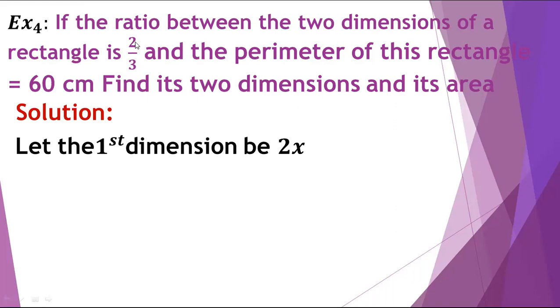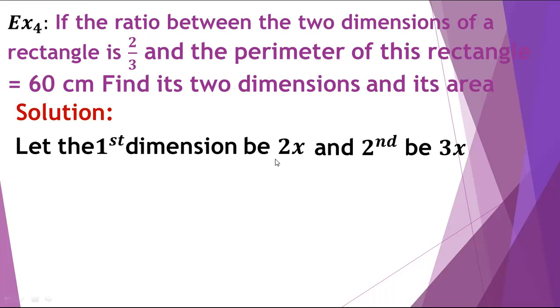That means the first dimension, 2x, we multiply the first term of the ratio by a variable x. And the second dimension, we can multiply 3 by this variable x, 3x.